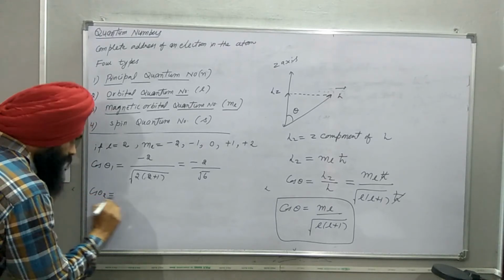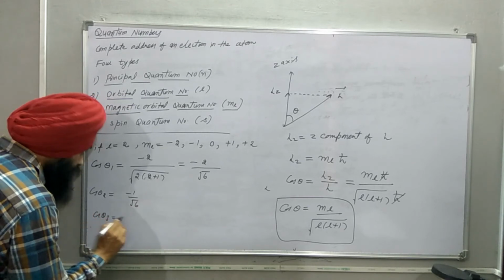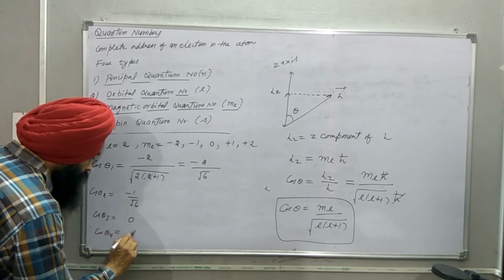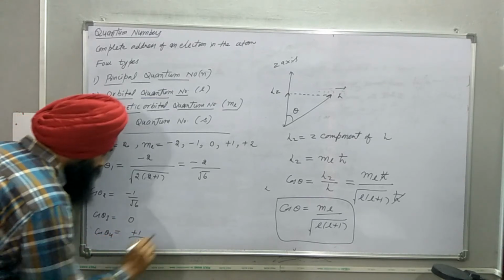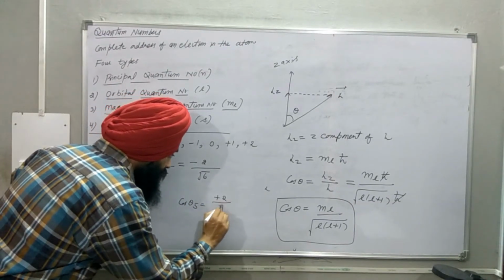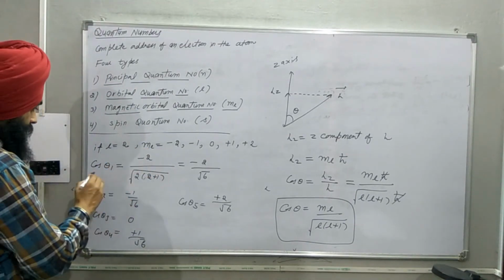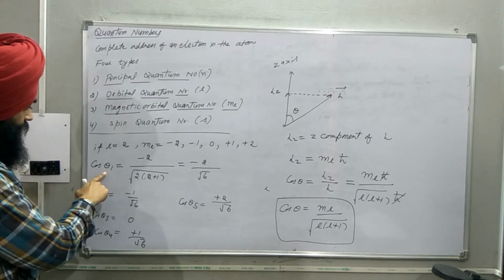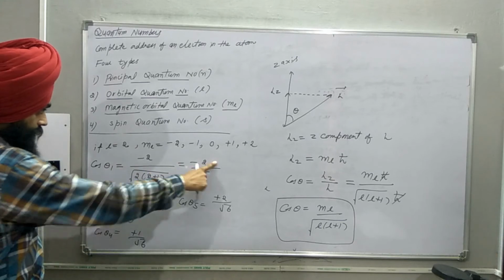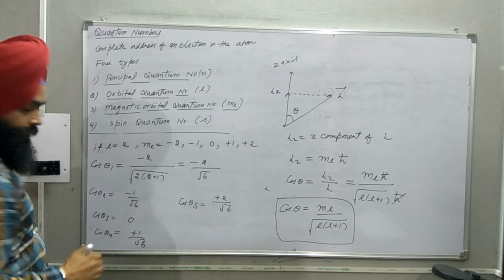Cos theta 2 is equal to minus 1 by root 6, cos theta 3 is equal to 0, cos theta 4 is equal to plus 1 by root 6, and cos theta 5 is equal to plus 2 by root 6. So the value of ml gives the orientation of L in space.